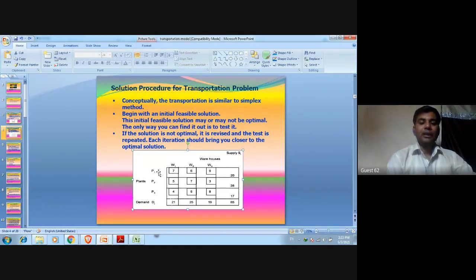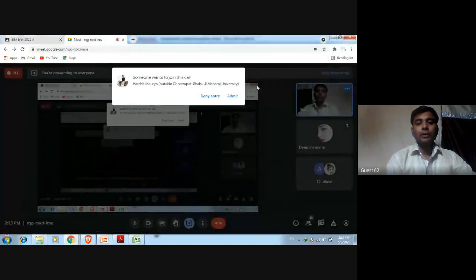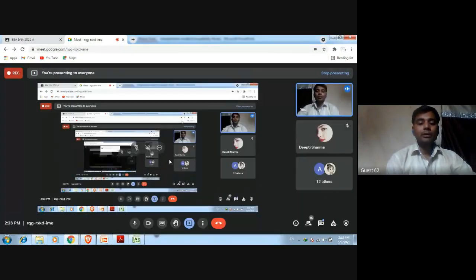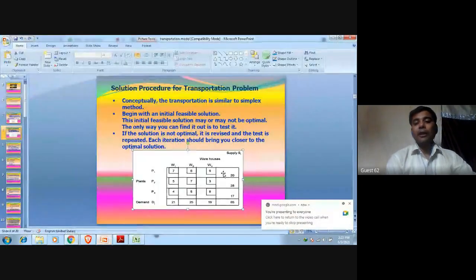The maximum capacity of plant P1 is 20 units, of plant P2 is 28, and of plant P3 is 17. These are the units which all the plants produce, that is 65. The total capacity of all the plants is 65, meaning all the plants manufacture 65 units of the product. And the requirement of all the warehouses is also 65 according to our table.